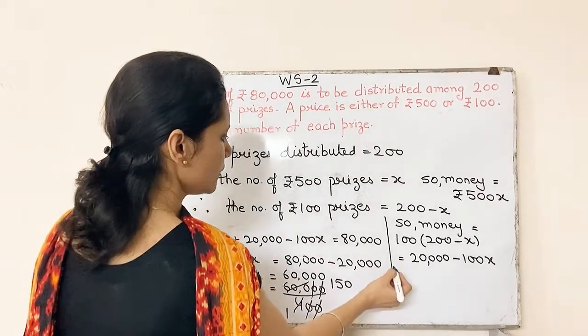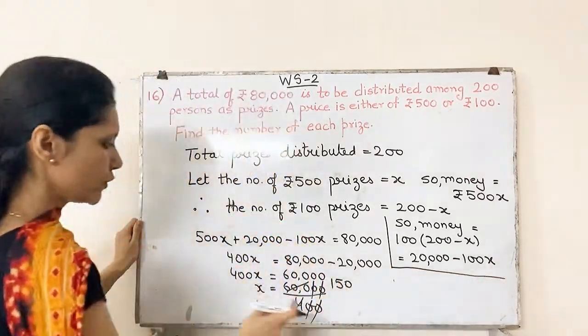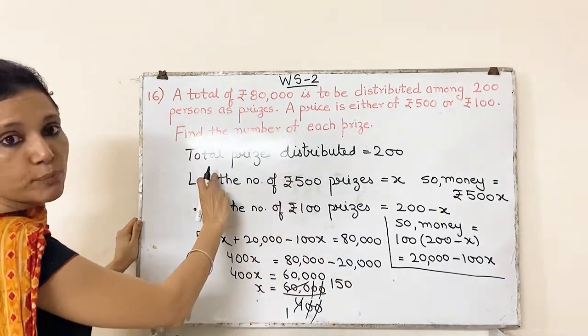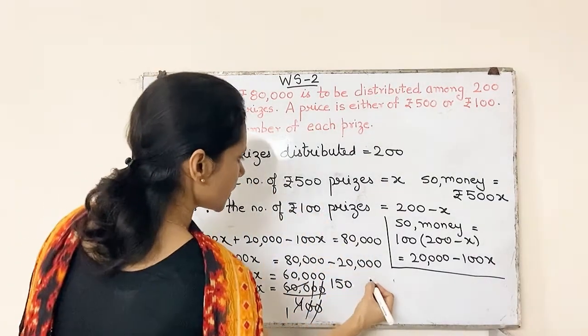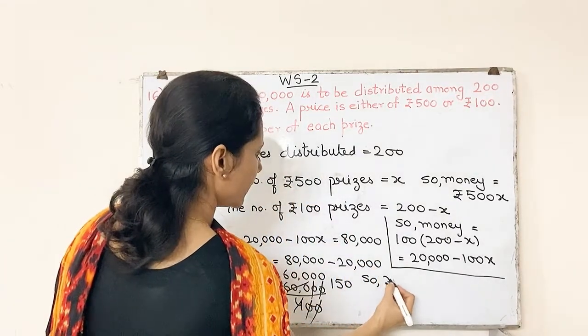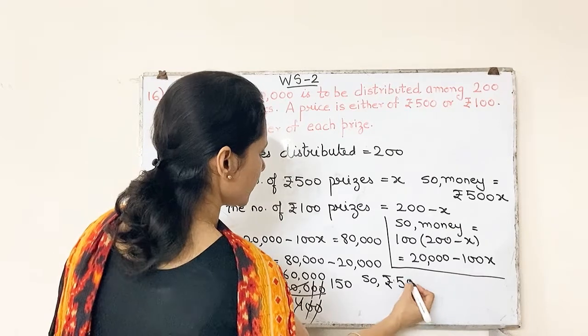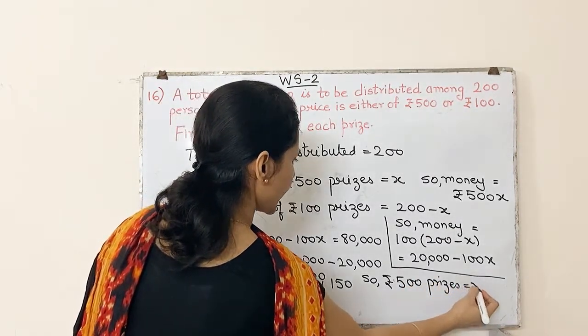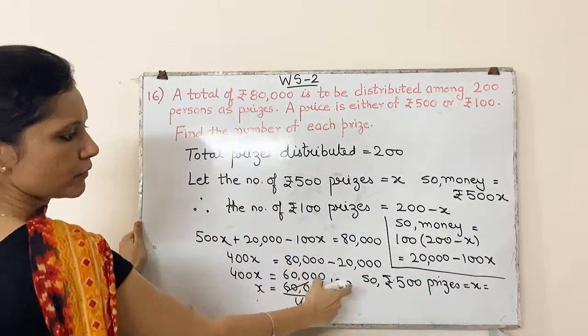So at the end we would say, again as I told you, once you get the value of x, move to the two lines where you have supposed. So the number of rupees 500 prizes is equal to x, which is equal to 150.